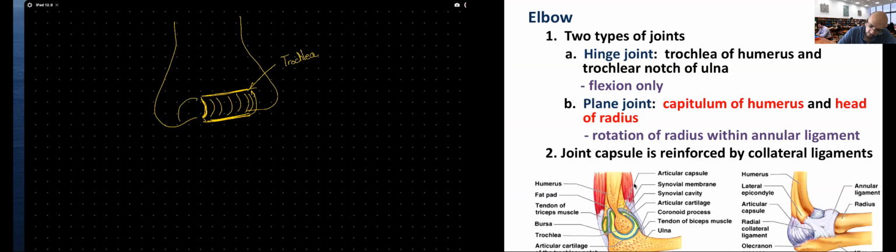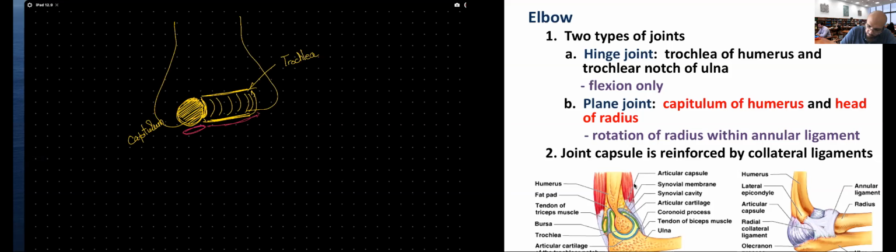And we've got this spherical articular surface. We call this the capitulum. And those are the two articular surfaces that are articulating with my radius and ulna.